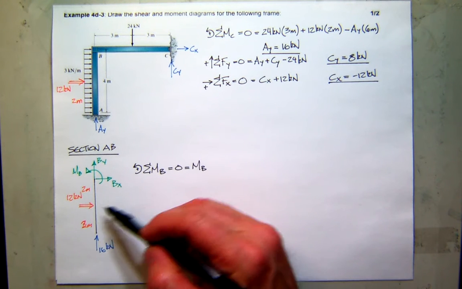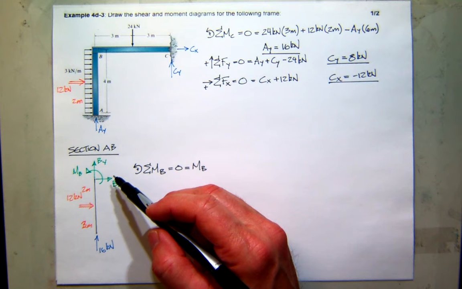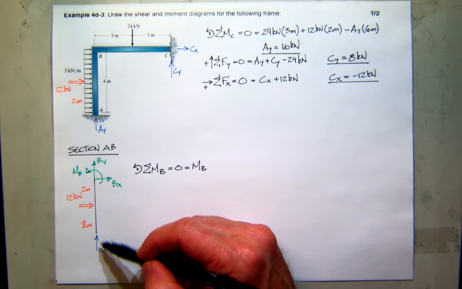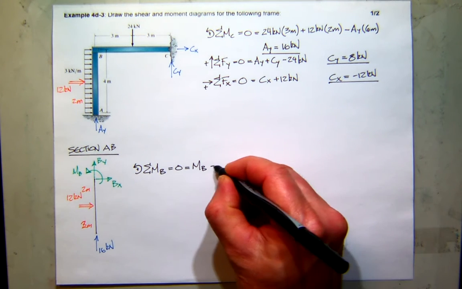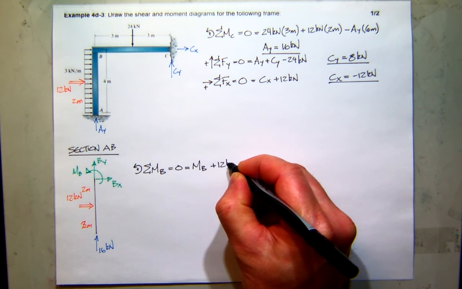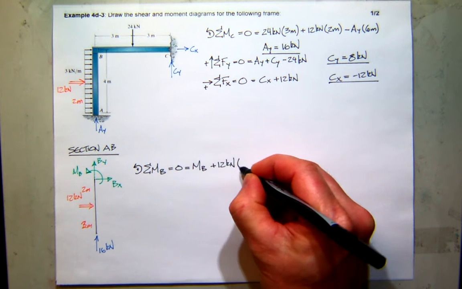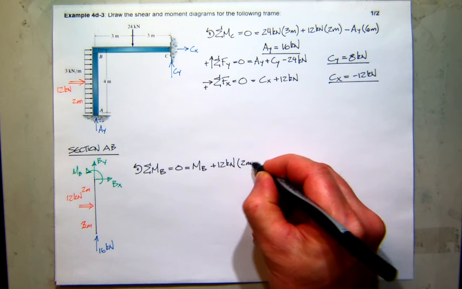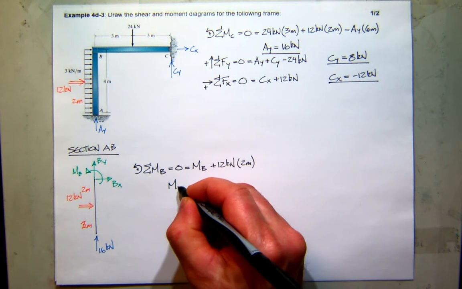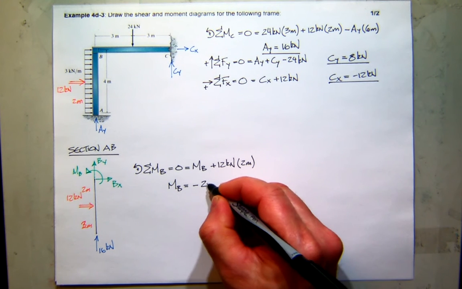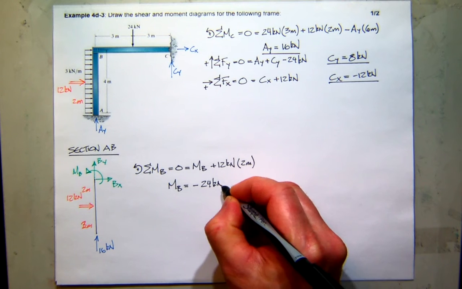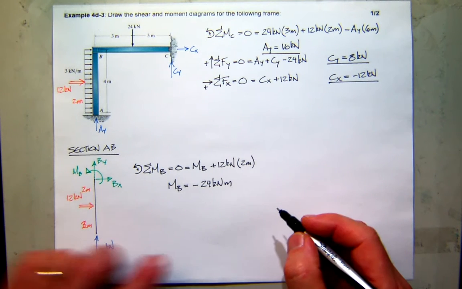What kind of moment would it create? Positive. And then I've got this force down here. Is it creating any moment? No. So I just have the 12 kilonewton force with a moment arm of 2 meters. So it looks like my moment at B is going to be negative 24 kilonewton meters.